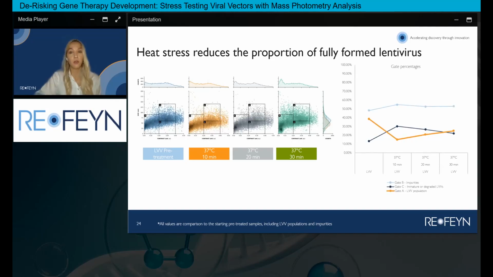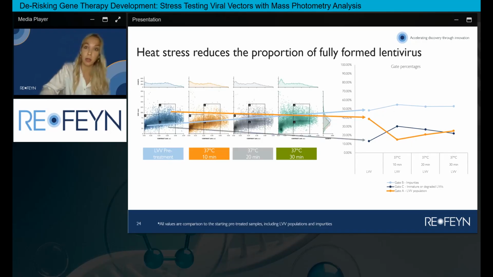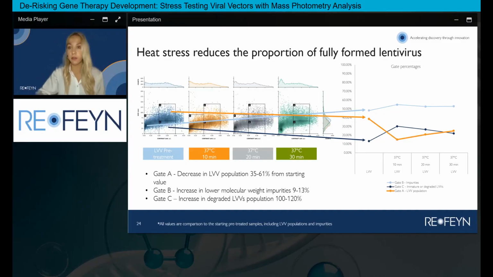We are able to quantify the change in each population: in gate A lentiviral vectors, in gate B host cell protein impurities and low molecular weight impurities, and whether we see any increase in degraded viruses. And we do.